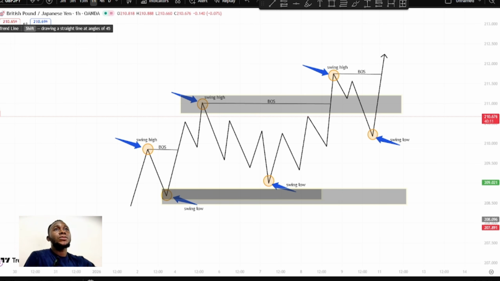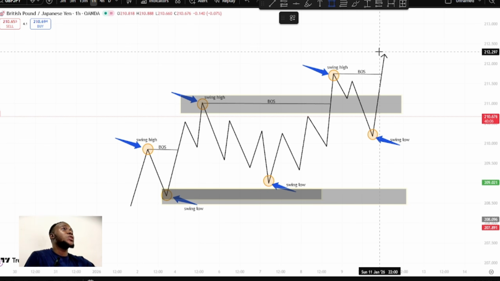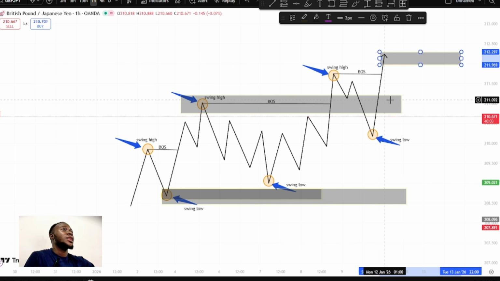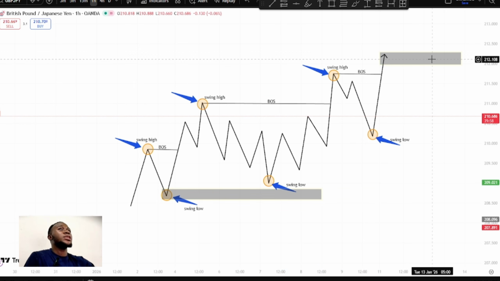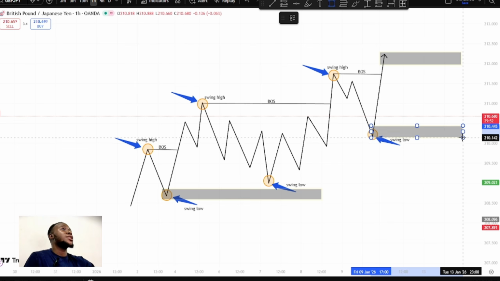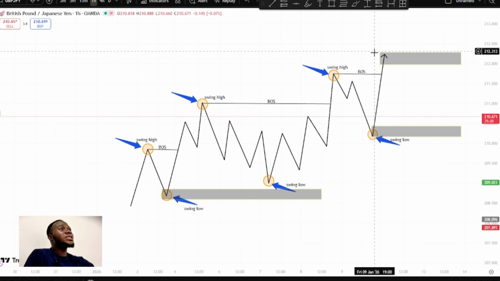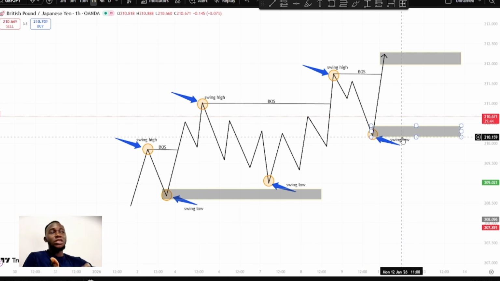So the first thing I normally do is to identify my swing high and my swing low. Now, this point here is my swing high. Let me delete this to make the chart clean. This point here is my swing high, and this point here is my swing low. So I'm not taking any trade until this market retraces back to my swing low. Why? Because this swing low is my strong structure.